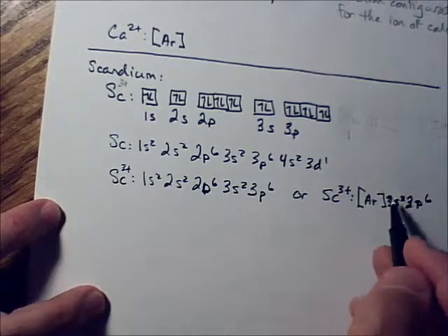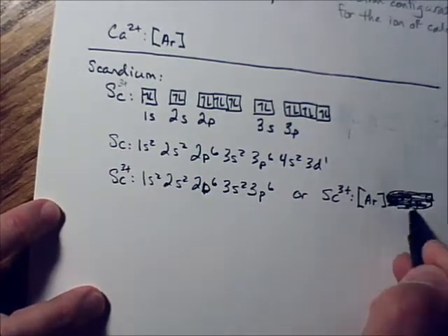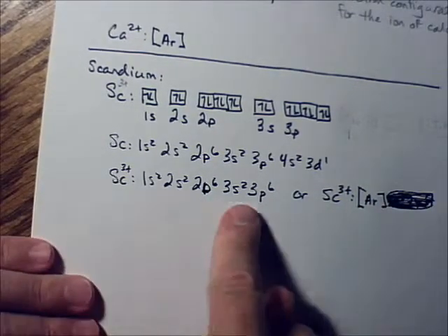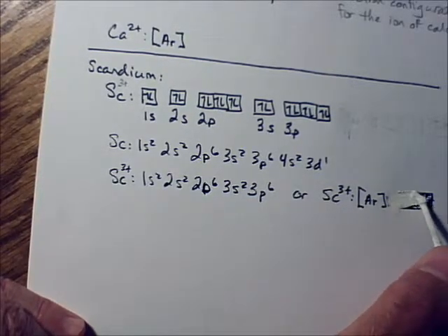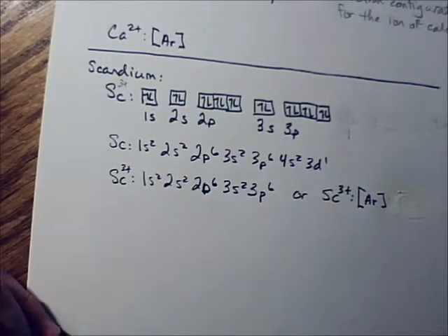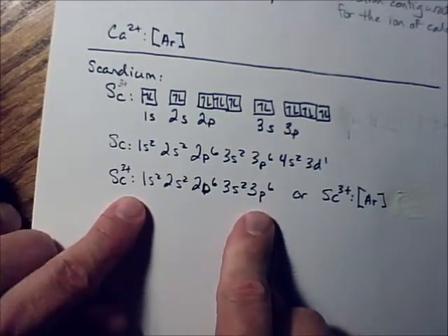Oh, actually, you know what? That's it right there, because argon's orbital notation is this orbital notation, or electron configuration. So we're done for that one. If I compare it to the argon's electron configuration, it's the same as this.